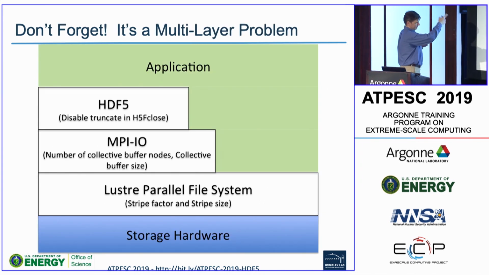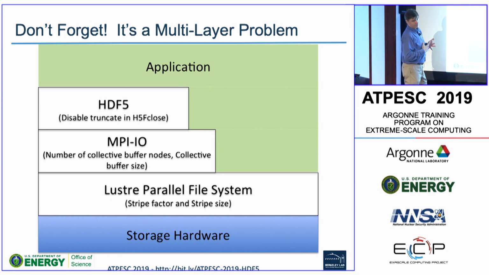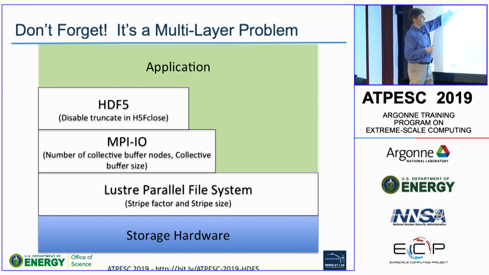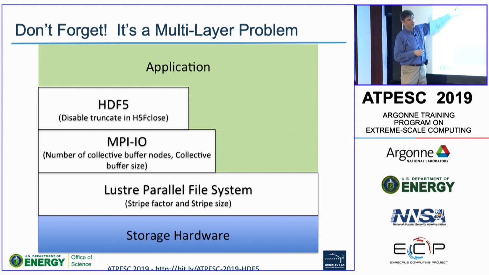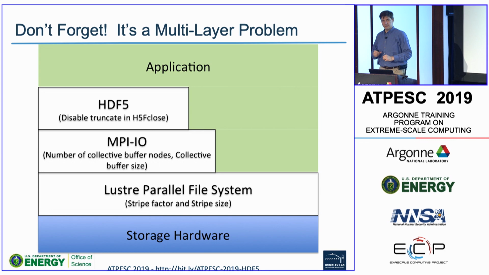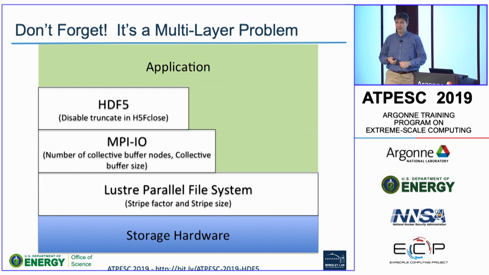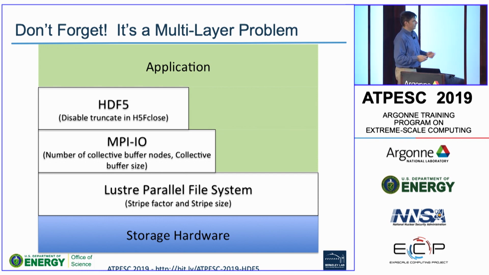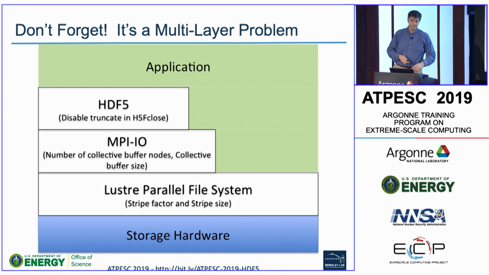And as we said earlier, there are a lot of layers to optimize. There are knobs to turn at each layer if you'd like. We try to hit all these things generally speaking, but the abstractions leak through sometimes. And so for whatever reason, if your Lustre stripe factor is really crummy on this machine, you may have to tweak that yourself, because HDF5 has no idea exactly what you're trying to do at your app code level. And it's the same all the way up, right?